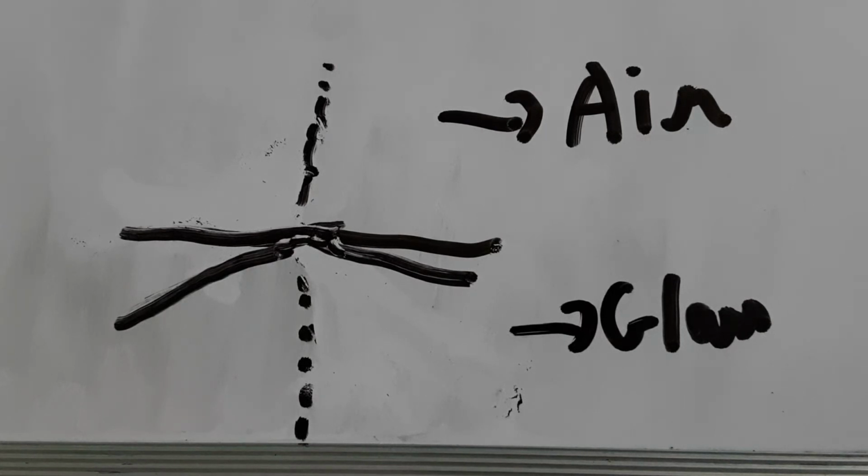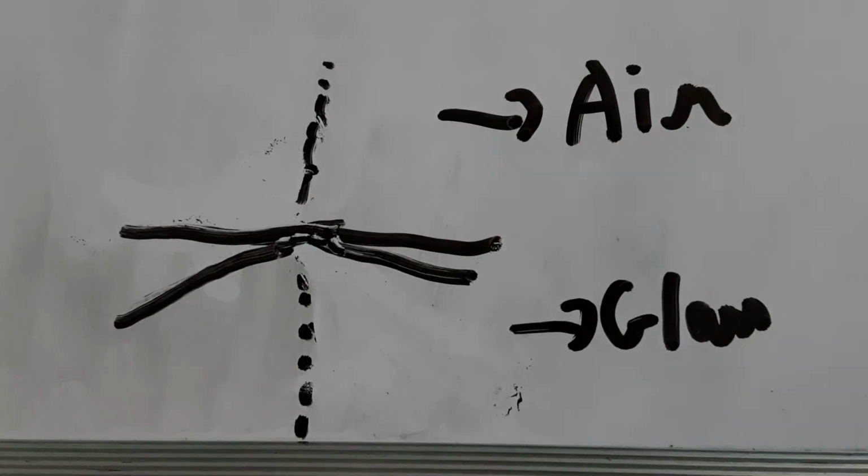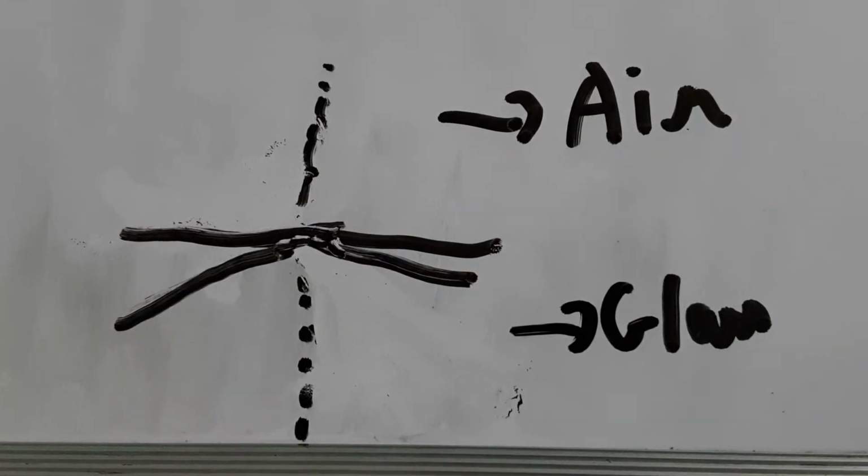Now if the incident ray angle exceeds the critical angle, then it will get reflected. There will be no refraction. We can't say refracted ray anymore. The light will just get reflected as shown in this diagram.